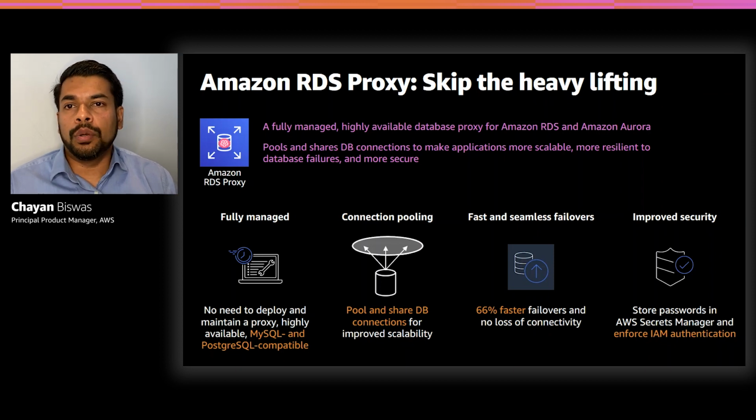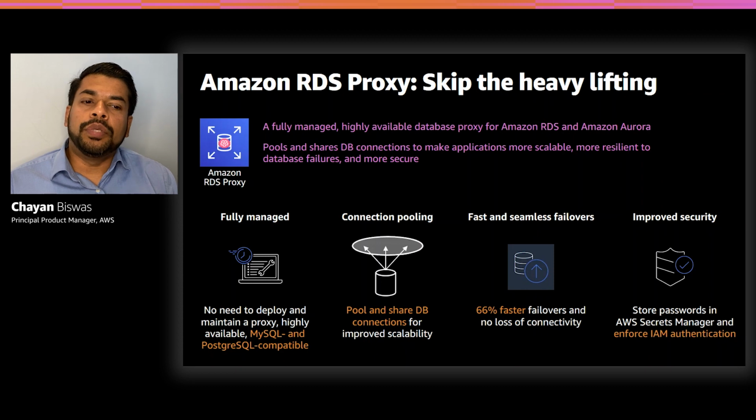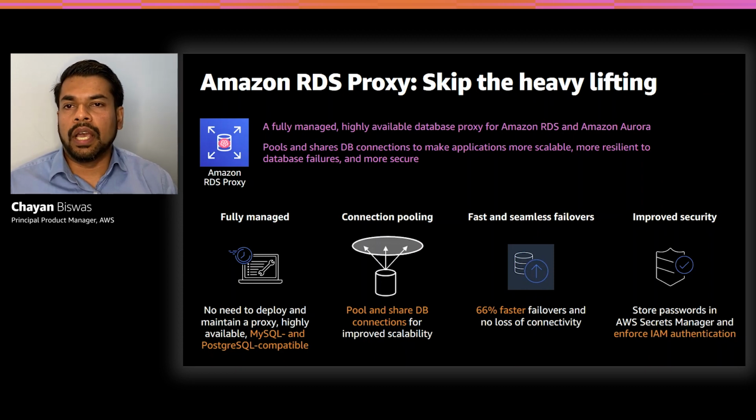As I was saying, in Aurora and RDS multi-AZ configurations, we detect if there's an issue with your primary instance and we fail over. When the failover happens, because RDS Proxy is sitting in between your application and your database, it is able to preserve the connections as the failover is happening and resume those connections and transactions once a new instance becomes available.